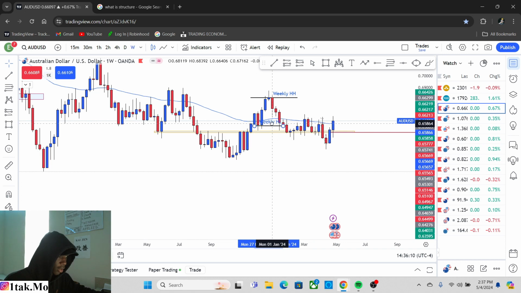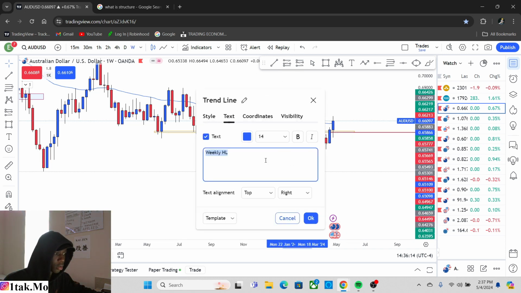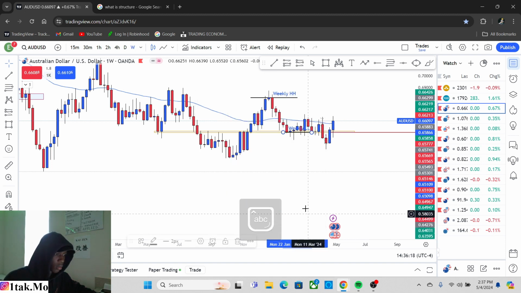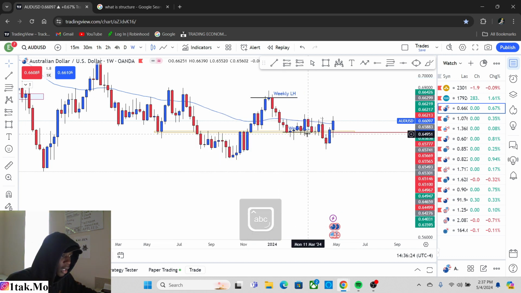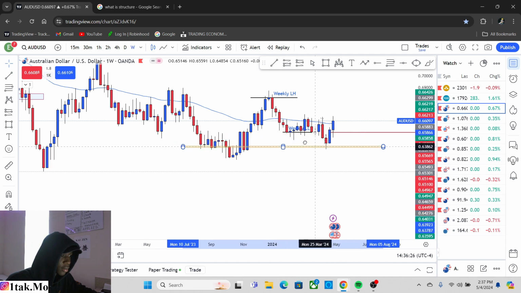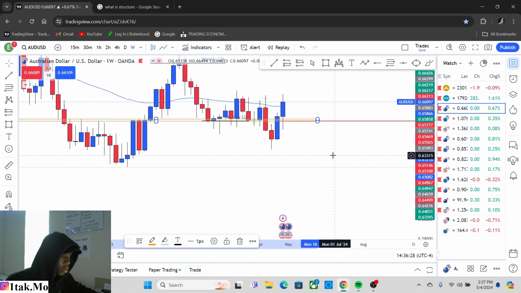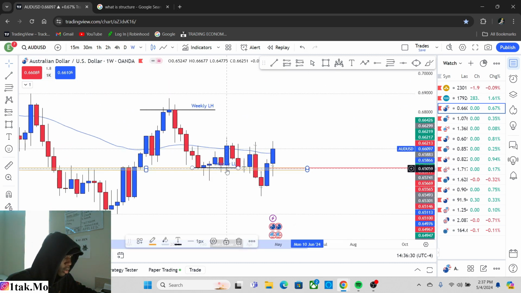This is a new higher low. Price broke below it, making this the lower low. And then this is the lower high. Cool. Then price broke below it again.